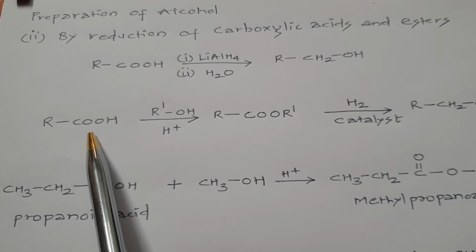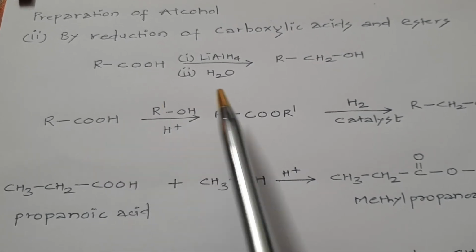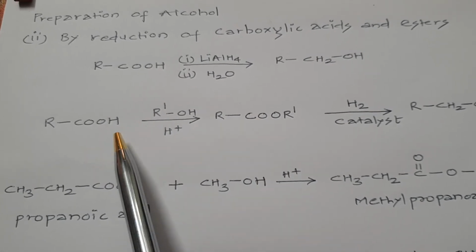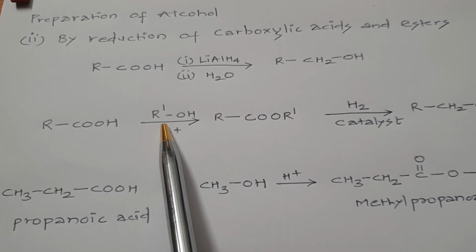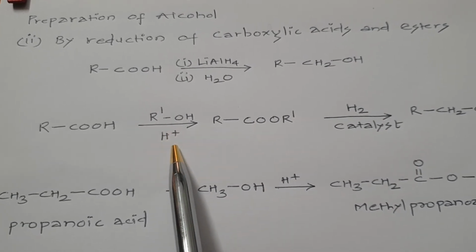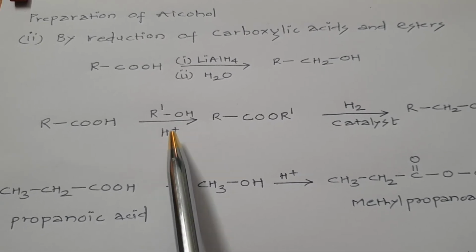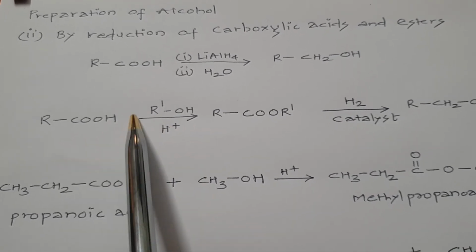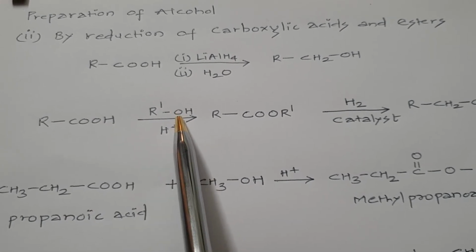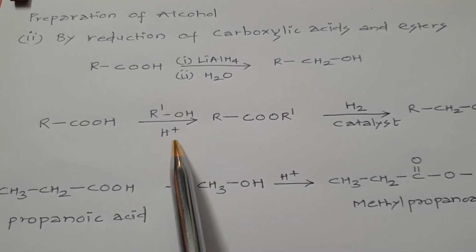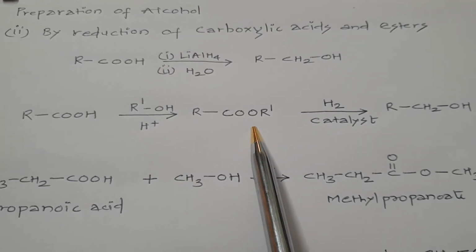A carboxylic acid is converted to an ester by reaction with alcohol in presence of acid. Now, when your carboxylic acid reacts with alcohol in presence of an acid, it gives us an ester.